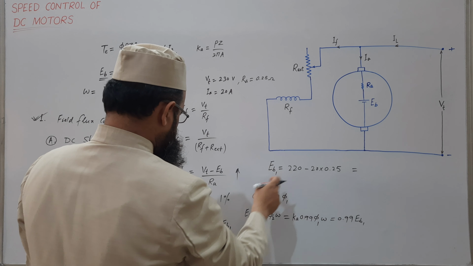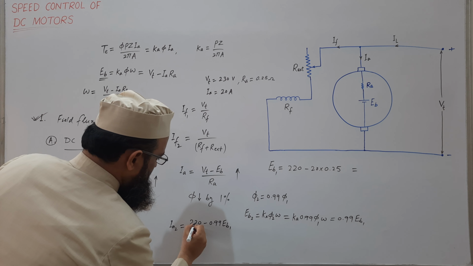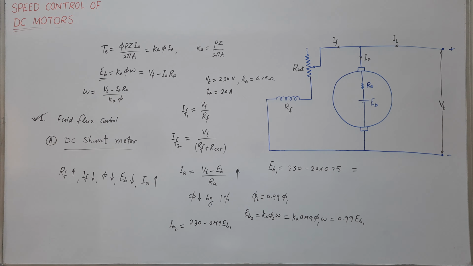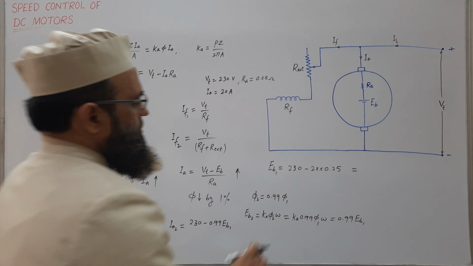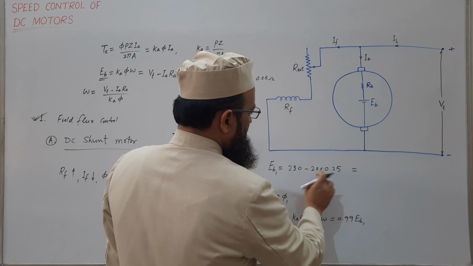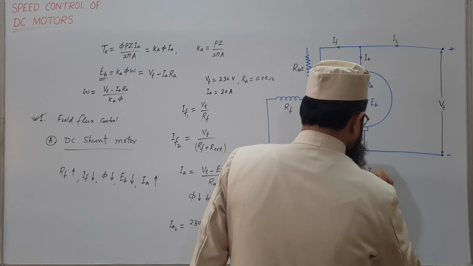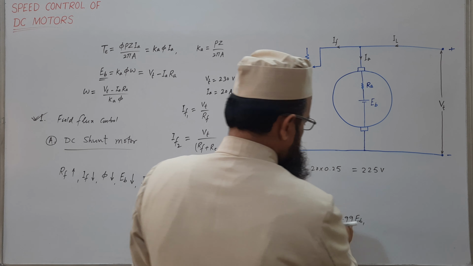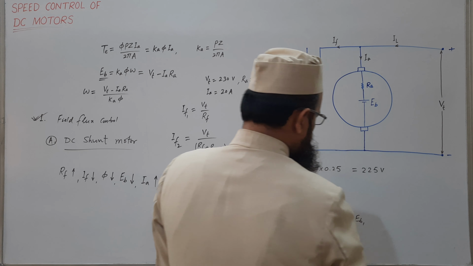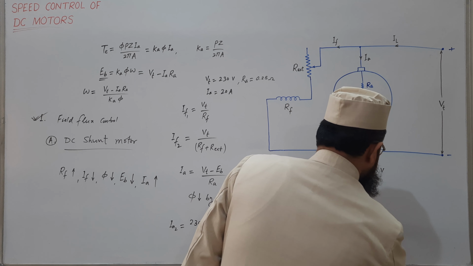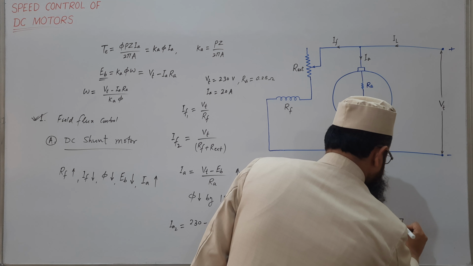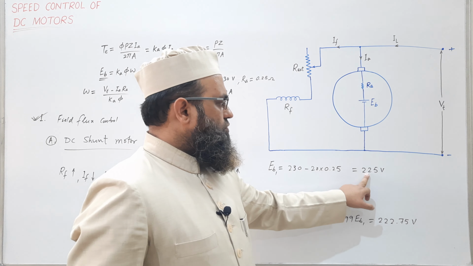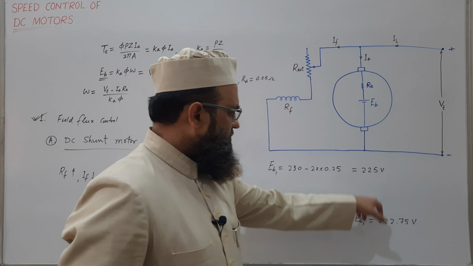Vt is 230, right? So put 230, whatever we have taken, just put the same. So this becomes 230 minus 0.99 times 225. So this is 225, decrease by 1%, that is 2.25, so 225 minus 2.25 becomes 222.75 volt, 0.99 of this, right?